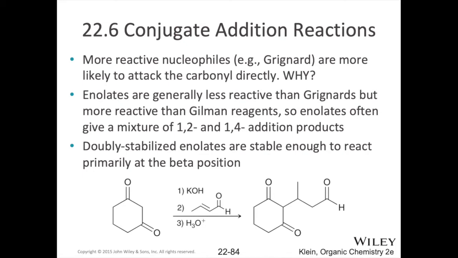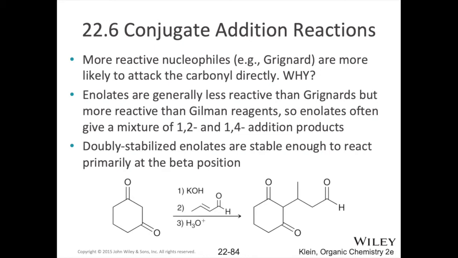Now, those are 2 examples of negatively charged carbons as our nucleophiles, right? Remember, we can make enolates as well. Enolates have a negative charge on that carbon, or at least have a resonance structure that does. And so we can use those as our nucleophiles as well.